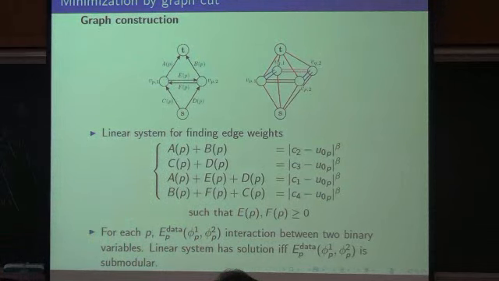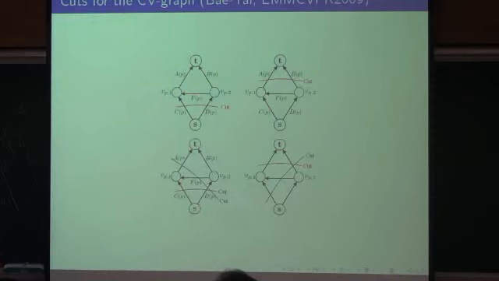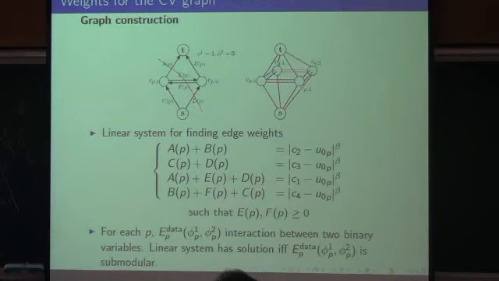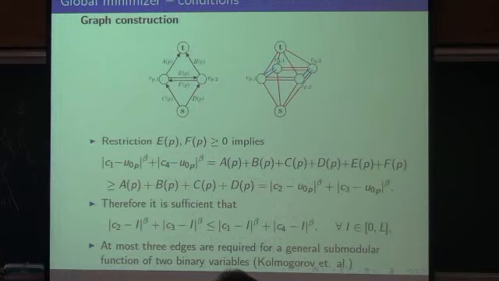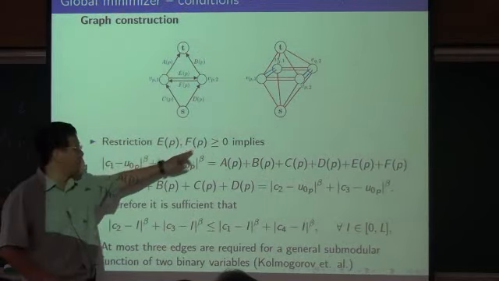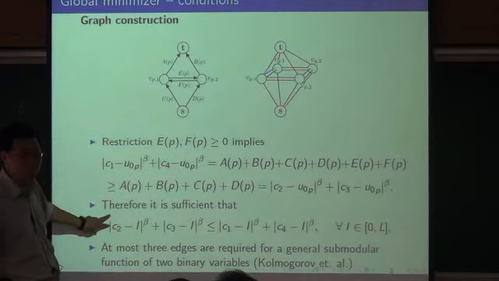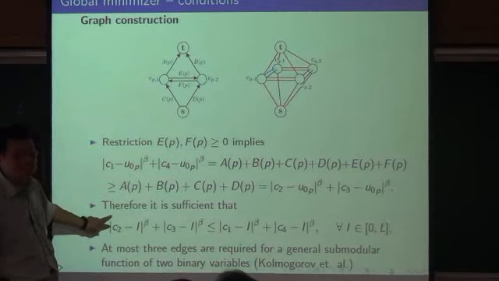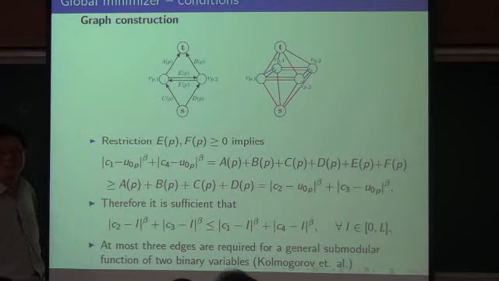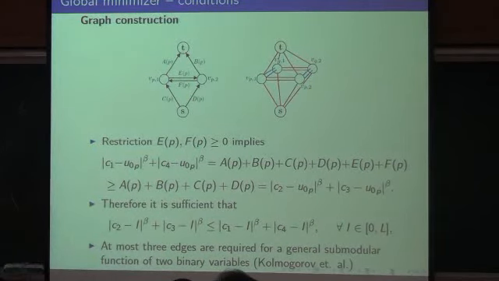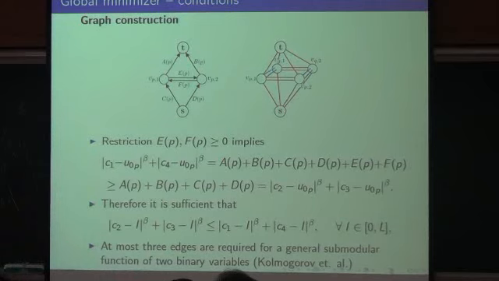In fact, we checked it out. If E and F are positive, it implies this condition must be correct. And this turns out to require the graph to be submodular. So for E and F to be positive, it turns out this is a condition.